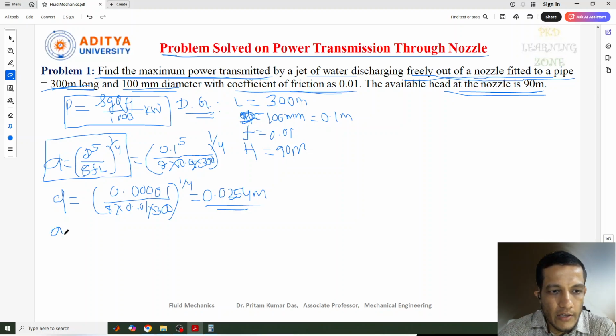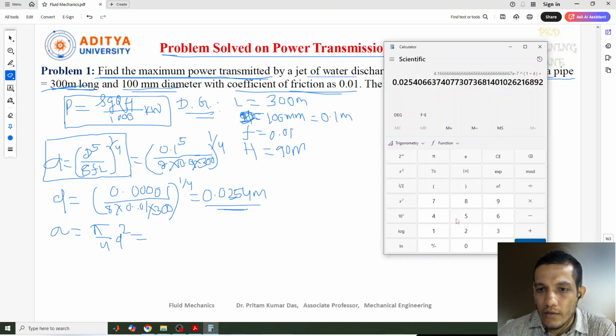Area of the nozzle, small a, equal to pi by 4 into d square. So again we can calculate this, the square of this into pi divided by 4, which is 5.06 into 10 to the power minus 4.